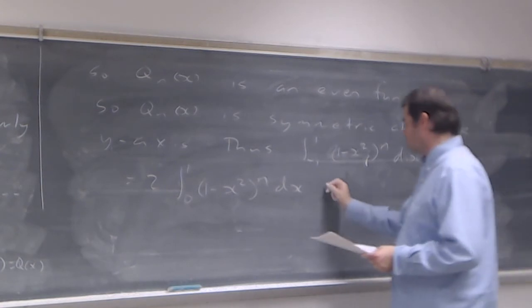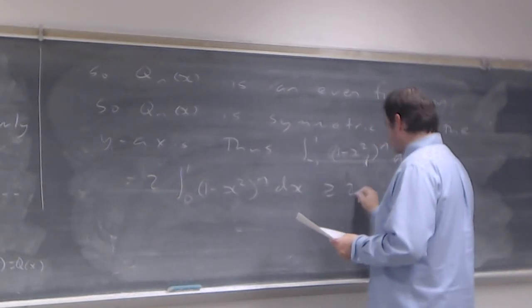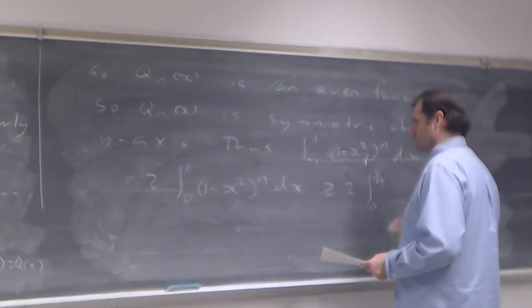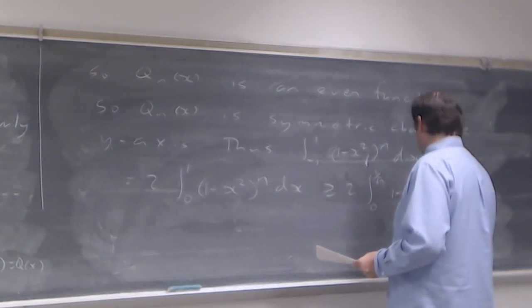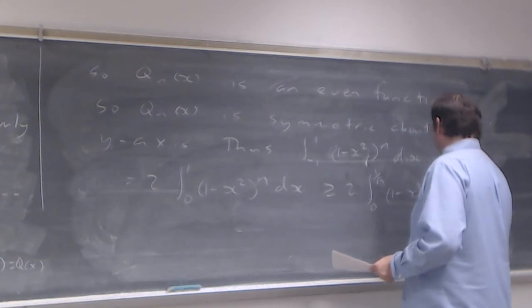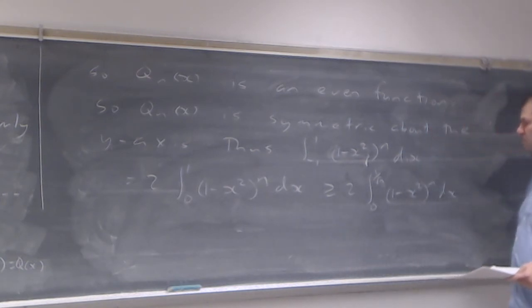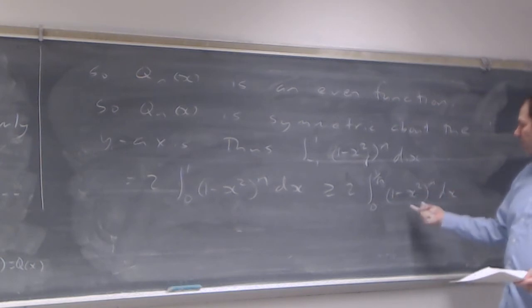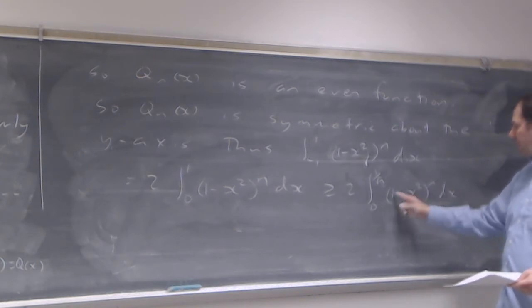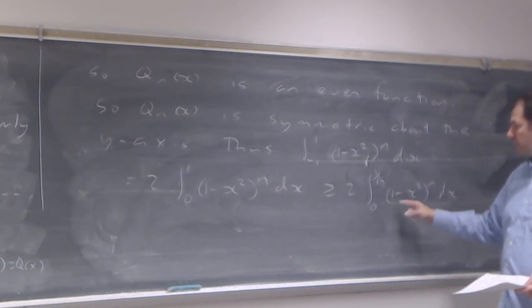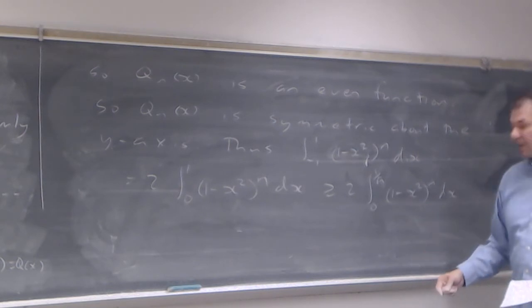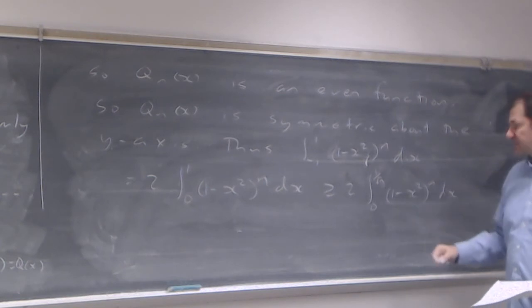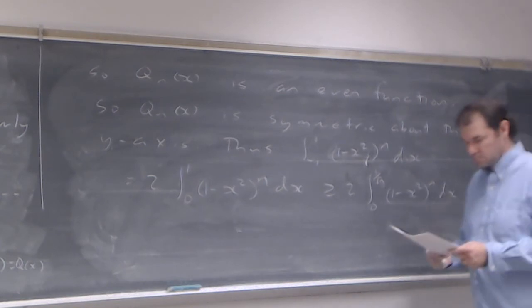Now that's going to be greater than or equal to 2 times the integral from 0 to 1 over the square root of n of 1 minus x squared raised to n dx. Because 1 minus x squared raised to n for x between 0 and 1 is a positive number, the integral is always positive, so I'm not integrating over as big of a region, and I got something that was smaller.